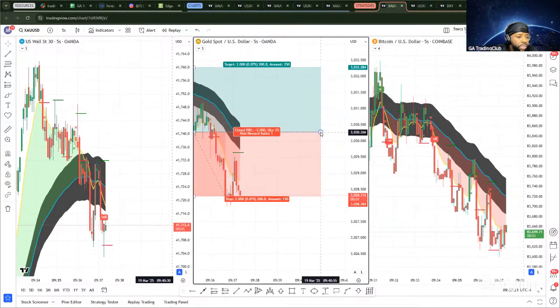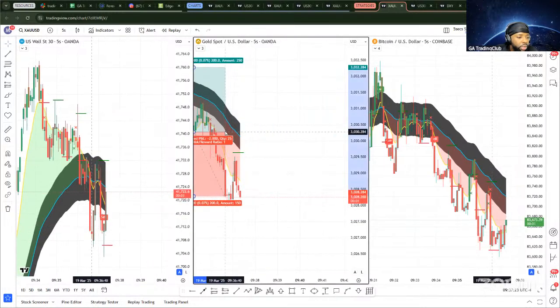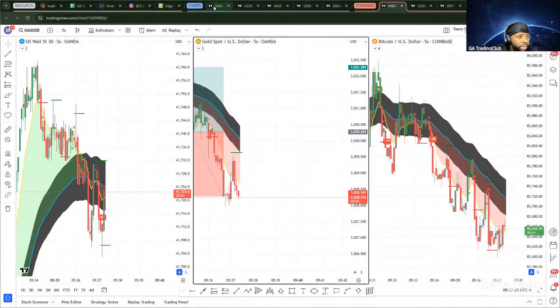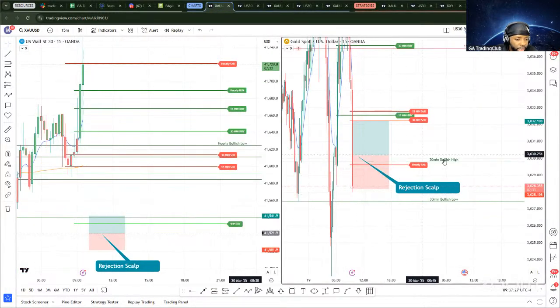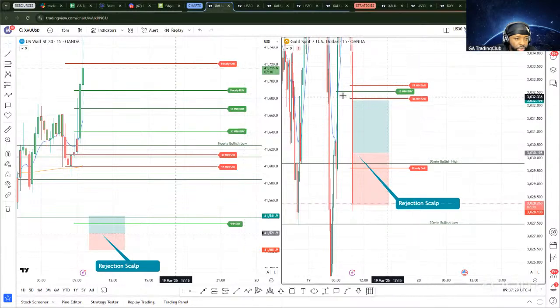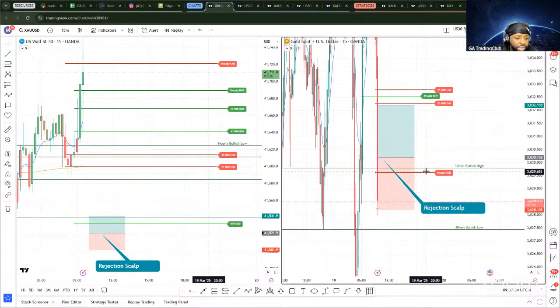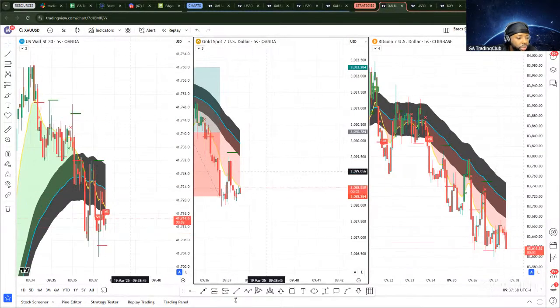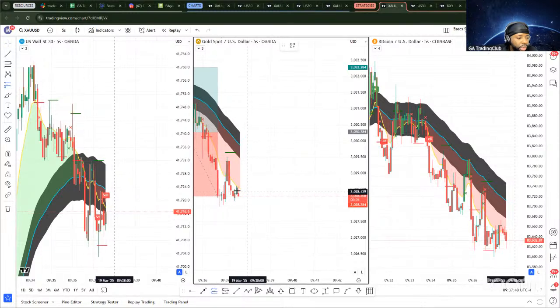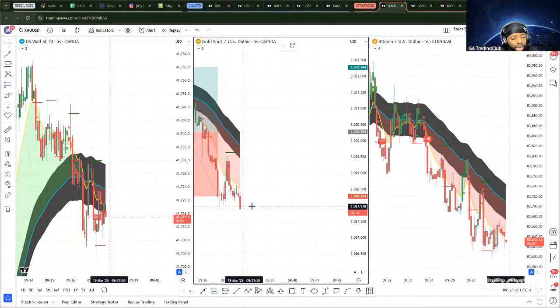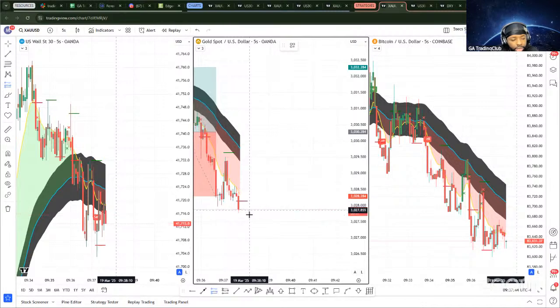So that first rejection scalp got stopped out. Let me put this one here. There's one more for this hourly area. That first one was based off of this level right here, this 30-minute. There's this one currently for the hourly region. So let's see if something else comes up here. I'll take that one as well if it does come up for gold.